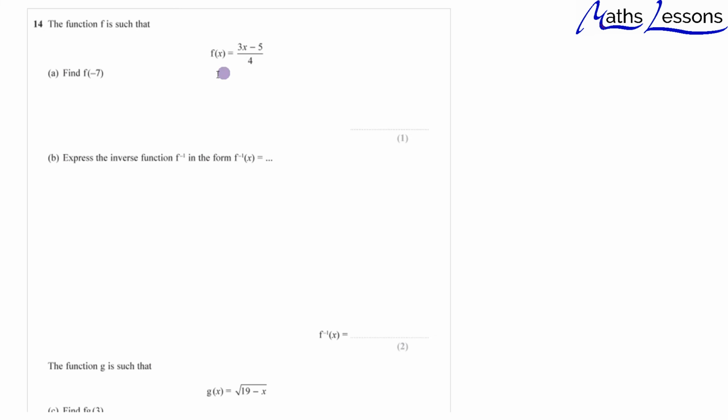Okay, so what we're going to do, we're going to find f of minus 7. That means find f of minus 7. Everywhere there's an x, we're going to replace it with minus 7. 3 times minus 7 is minus 21. Minus 5 is minus 26. Divide by 4.